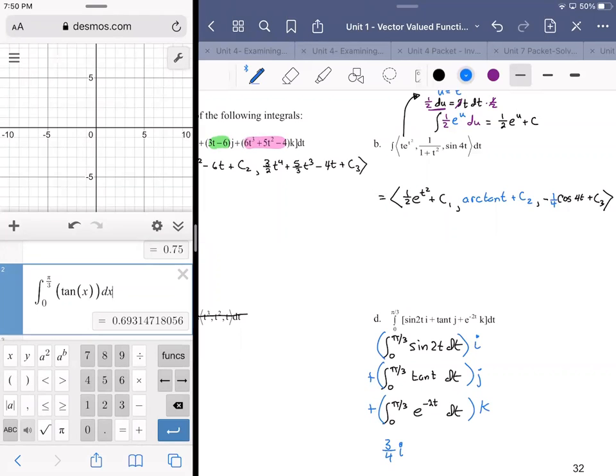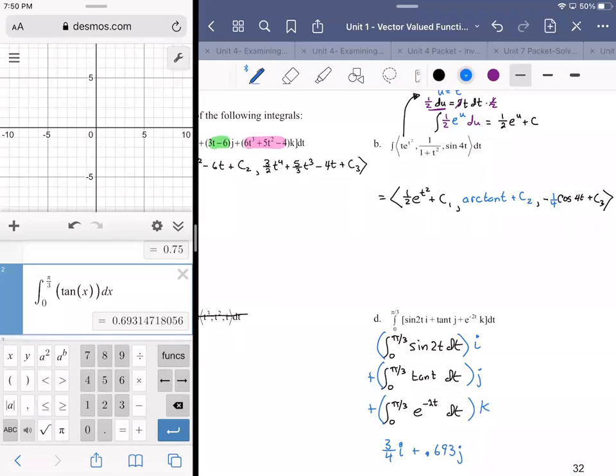Because the antiderivative of tangent, oh, actually, no, sorry, I was thinking the natural log. The natural log of secant of t, something like that. Anyway, so plus 0.693, that's good enough, is my j.